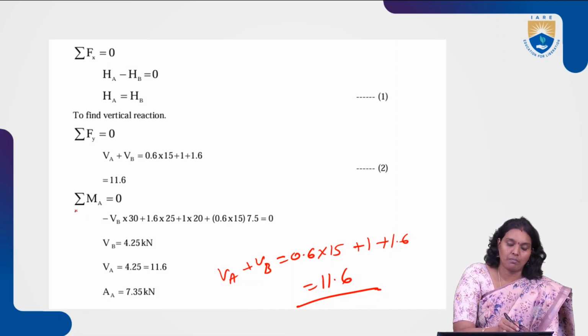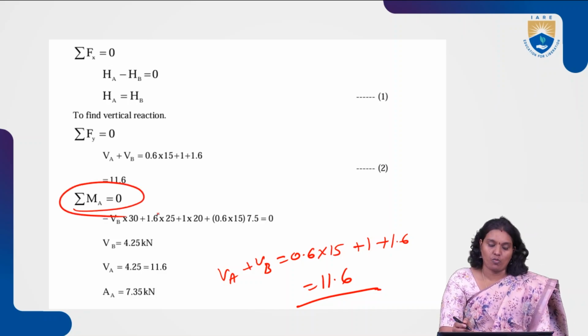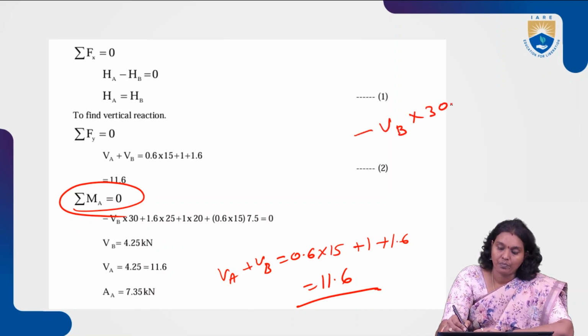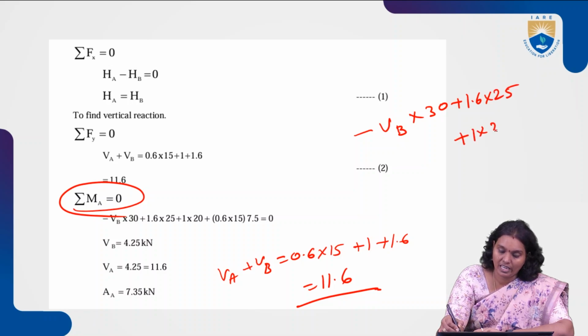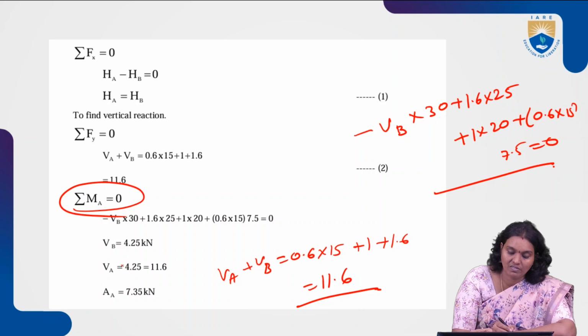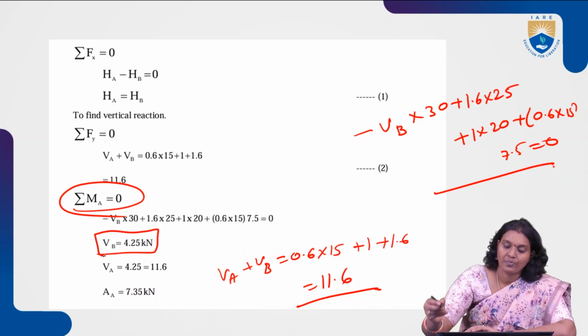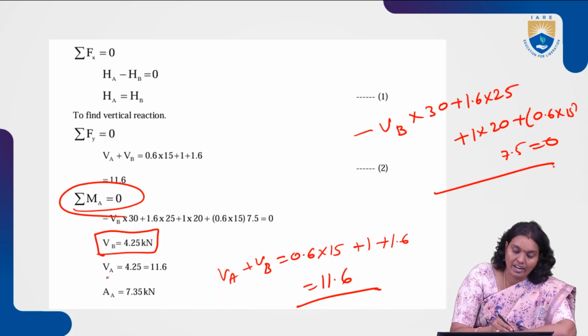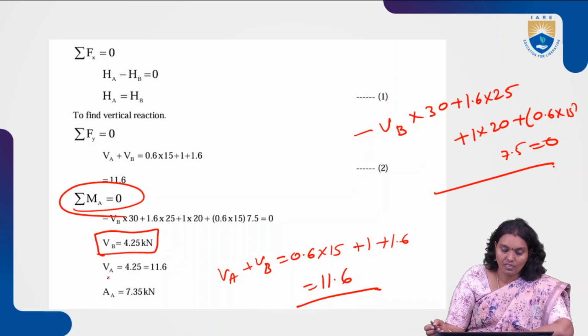Now the bending moment at A: minus VB into 30 plus 1.6 into 25 plus 1 into 20 plus 0.6 into 15 multiplied by 7.5 is equal to 0. After the final calculations, we will get VB is equal to 4.25. From this we are going to find out VA also.